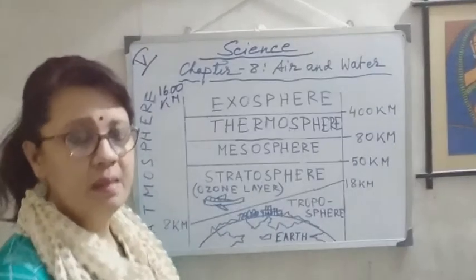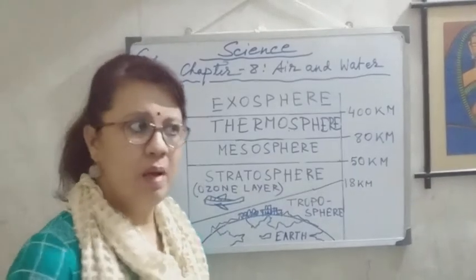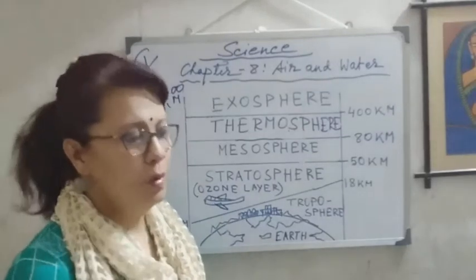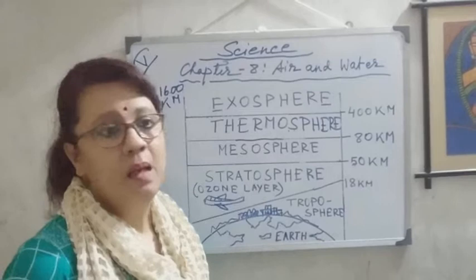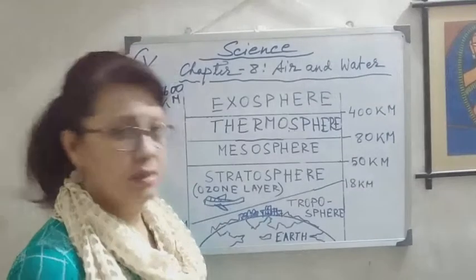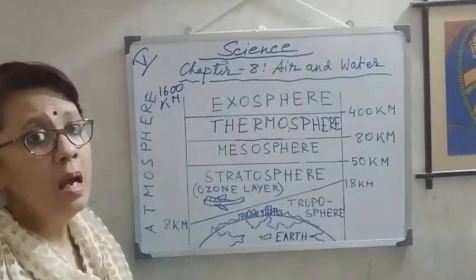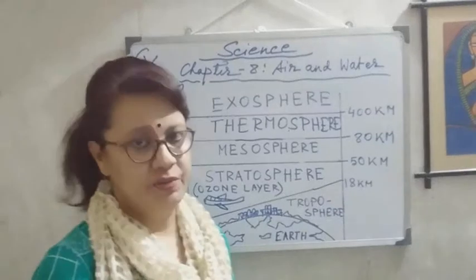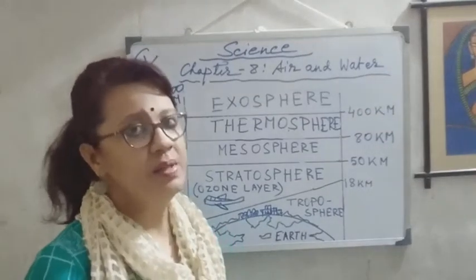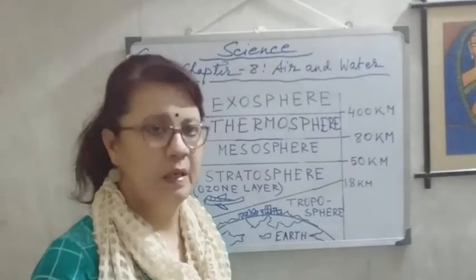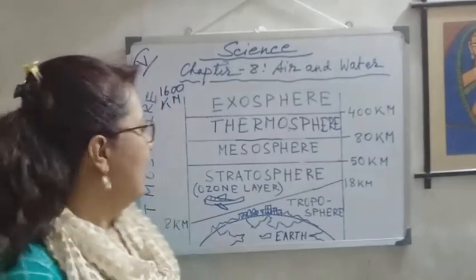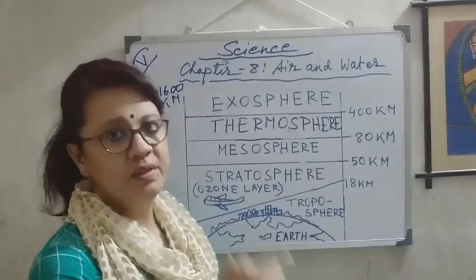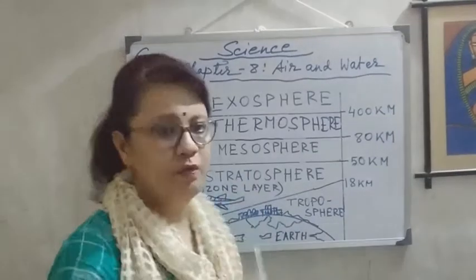Why is the ozone layer very important? I hope you know. I'm telling you again that the ozone layer protects us from the sun's ultraviolet rays. Ultraviolet rays are very harmful for the biosphere, for living organisms, and the ozone layer protects us from UV rays.